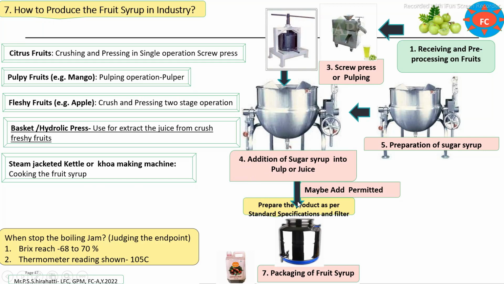After that, finally, they are cooled, then directly packed into packaging material, that is glass bottles or maybe PET bottles, in which extra coloring and flavoring substances, like synthetic substances, may be added. And finally the product is packed, and after packaging, labeling is carried out. These are the main processing steps, and these are the equipment required for the preparation of fruit syrup.